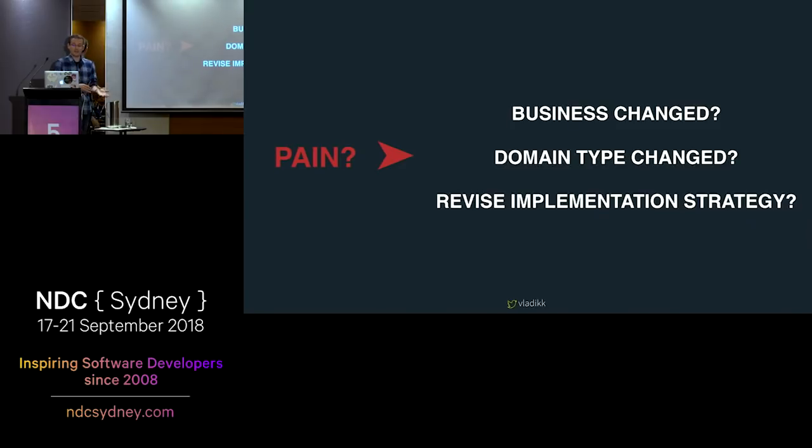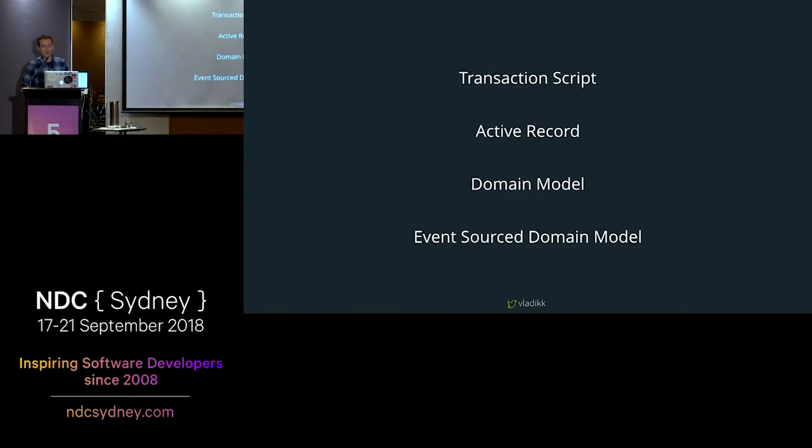If the type has changed, talk with the domain experts to understand the business context. If you need to redesign the implementation to meet the new business realities, don't be afraid of such a change. Once this decision of how to model the business logic is made consciously, and you're aware of all the possible options, it becomes much, much easier to react to such a change and to refactor to a more elaborate pattern.